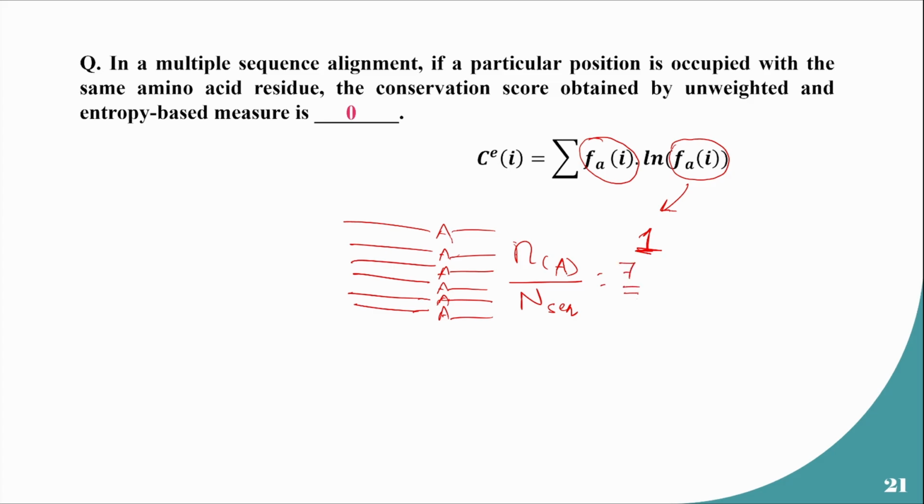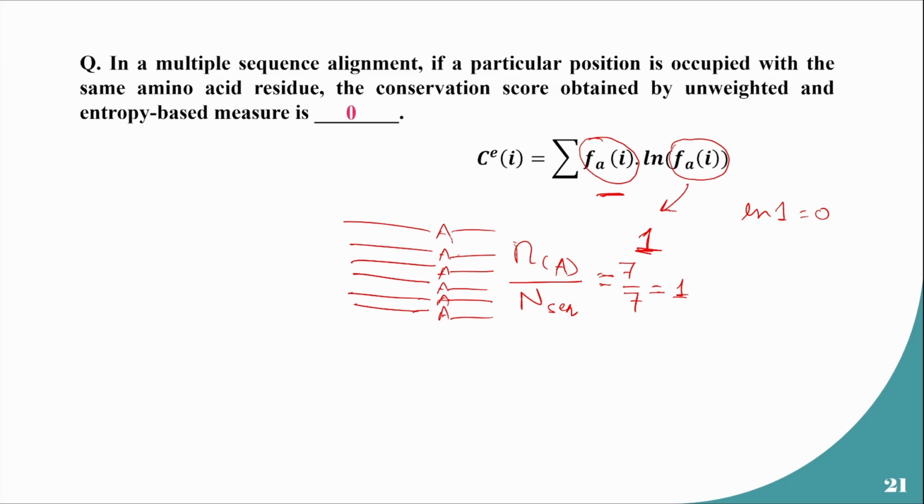So that will be 7 by 7. 1, 2, 3, 4, 5, 6, 7. It was 7 sequences. That will be 7 by 7 equals 1. So this ln Fa of I will essentially mean ln 1, which will be 0. Multiply that by Fa of I, 1, and it will give you a score of 0, right?